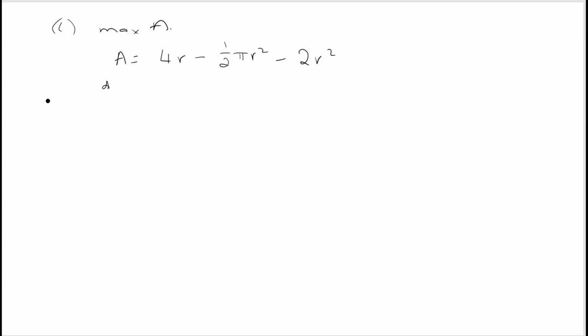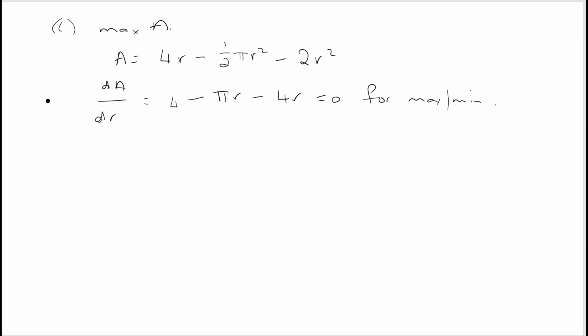So the derivative of that is going to be 4 minus pi r minus 4r, which is equal to 0. For the max or min, now we don't know this yet, but it does equal 0 for that.